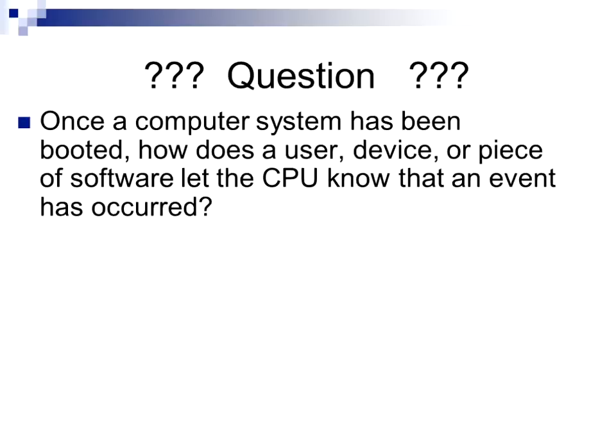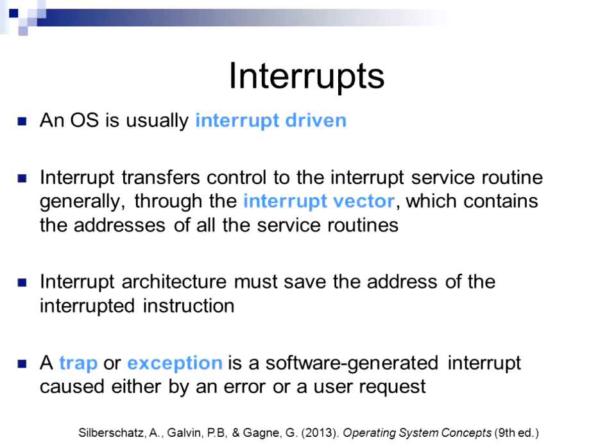When you get a notification, if you have notifications turned on your phone, that lets the CPU know an event has occurred. When something's loaded from a hard drive, that's an event that occurs that the CPU needs to know about. Okay, so you all have an idea of, once the computer's booted, how these different things let the CPU know that an event has occurred and that we want the event to do something.